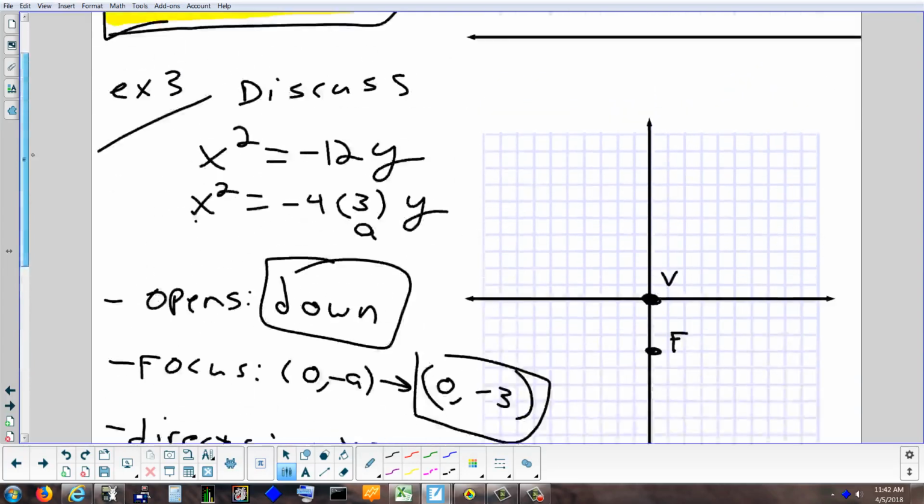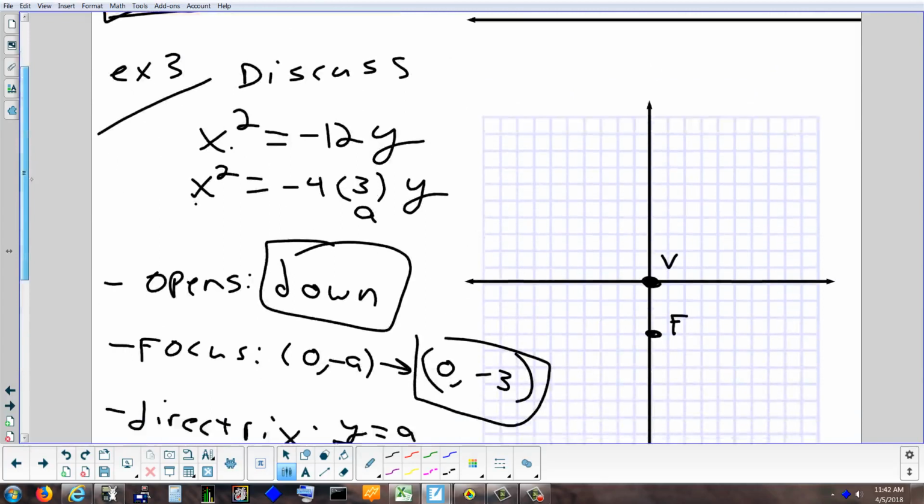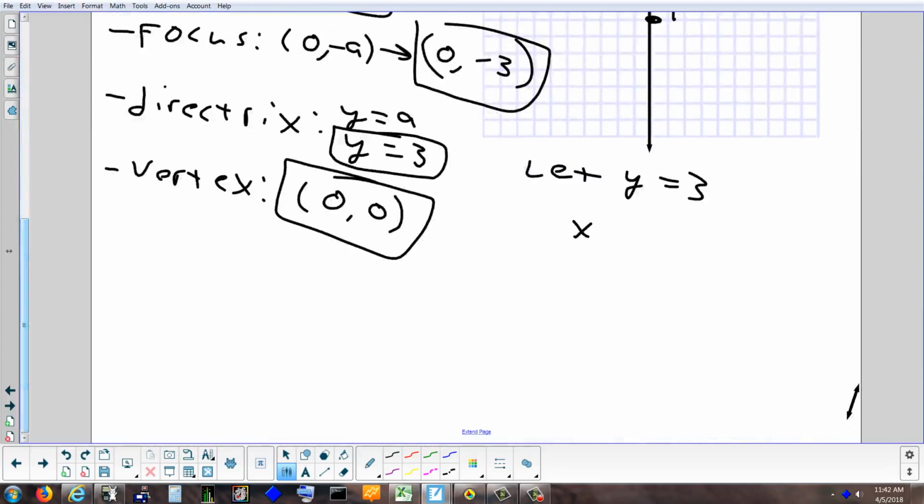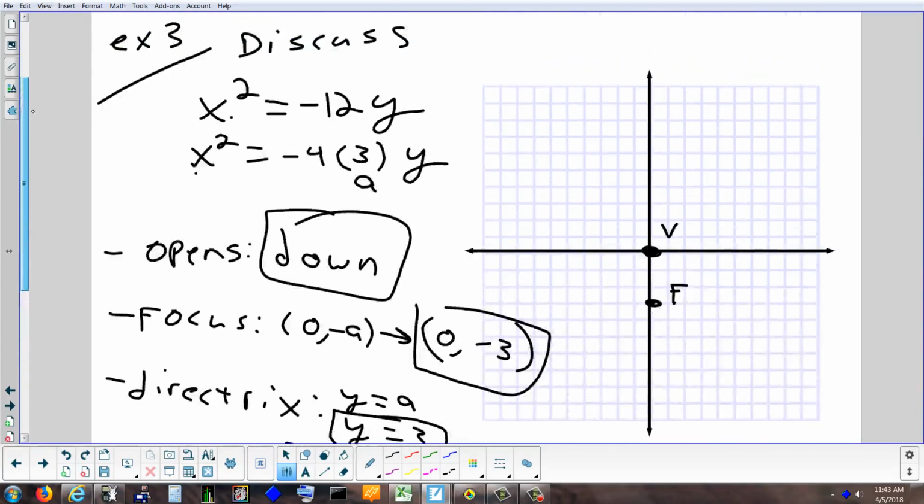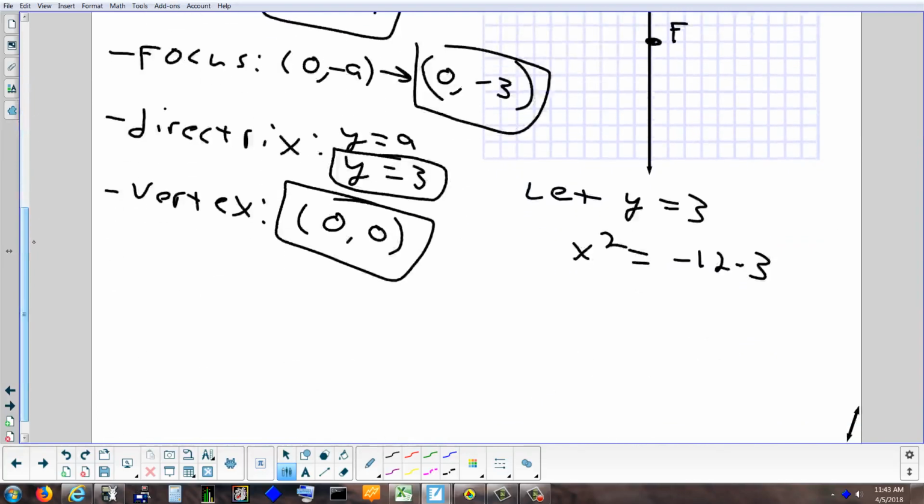So if y equals 3, we get x squared equals -12 times 3. All right, what's -12 times 3? Now, what would happen if you try to take the square root of a negative number? Imaginary.